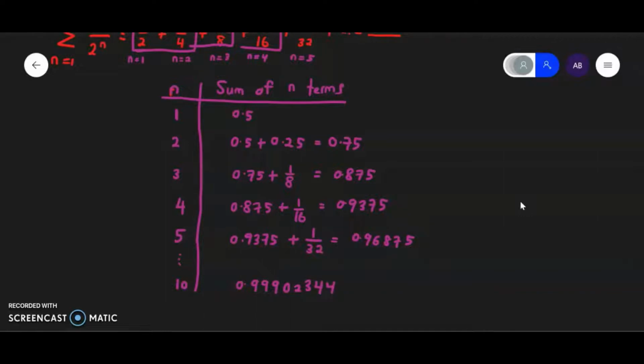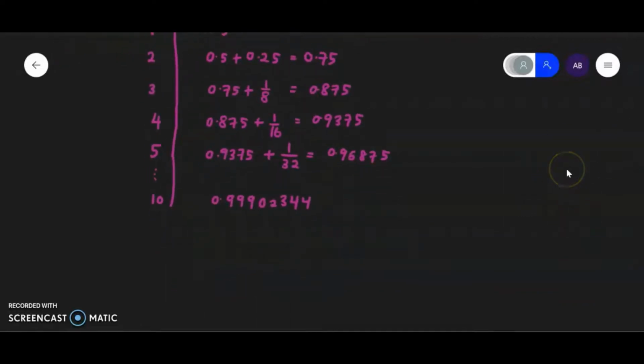You get 0.99902344. Now similarly, when I keep going on, let's say n is 15, I have 0.9999698. When I keep going on, let's say 25, I got 0.9999997.